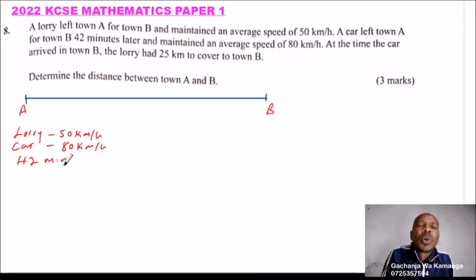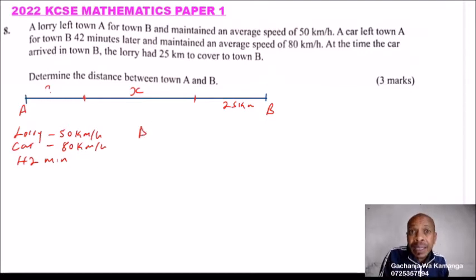So what we need to argue here is, let's say the lorry was there. When the car arrived in town B, the lorry had 25 kilometers. So we can say let the total distance from A to B be X. By the time the car arrived in town B, the lorry had 25 kilometers left. So we need to find out how many kilometers the lorry had covered in those 42 minutes.